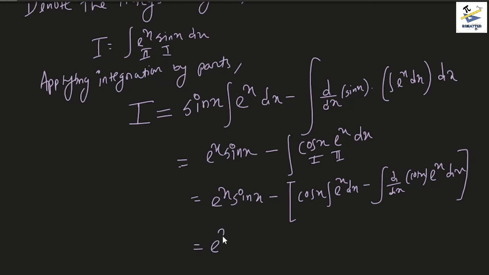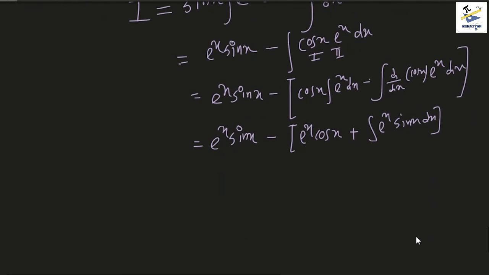So it becomes e to the power x sin x minus e to the power x cos x, and d/dx of cos x is minus sin x, and minus becomes plus. It becomes e to the power x sin x dx. And if you take it out of the bracket, what becomes is e to the power x sin x minus e to the power x cos x minus the integral of e to the power x sin x dx.